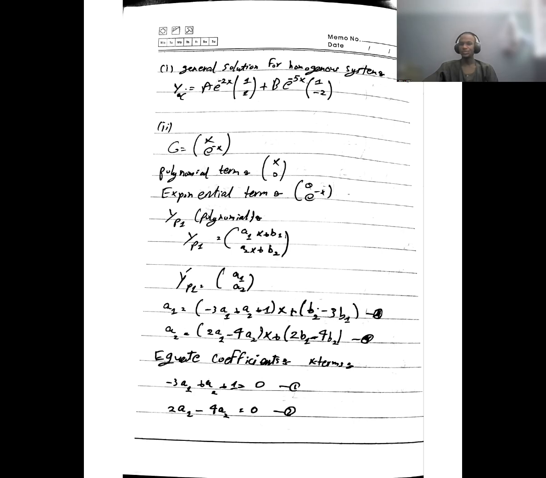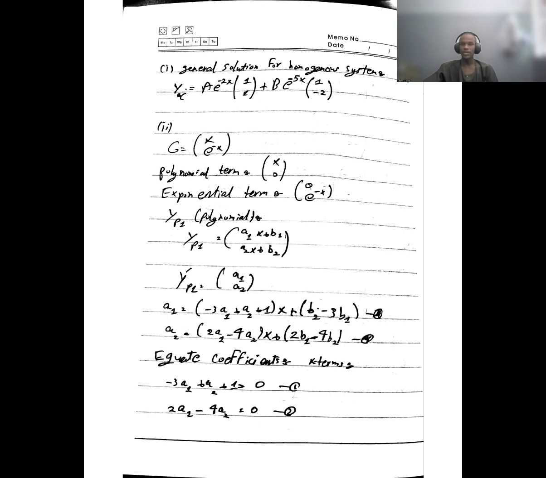And then we substitute into the second equation: c equals 2 times (ax plus b) minus 4 times (cx plus d). Expanding, c equals 2ax plus 2b minus 4cx minus 4d. Comparing coefficients for x terms, 0 equals 2a minus 4c, and for constant terms, c equals 2b minus 4d.